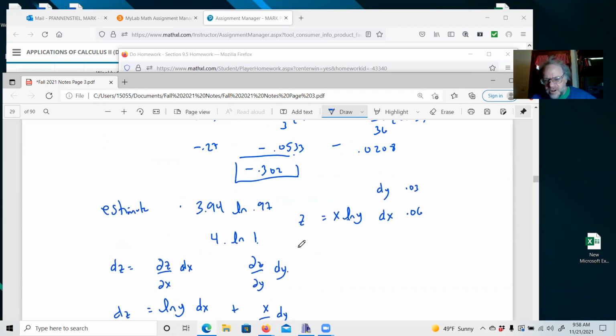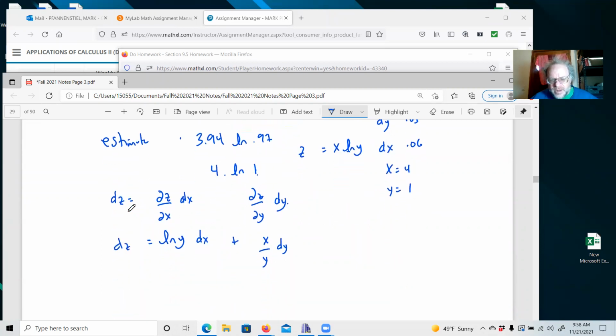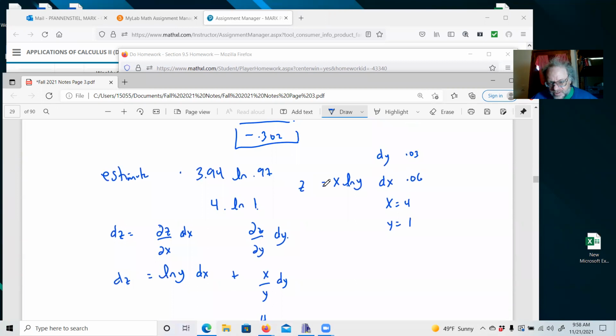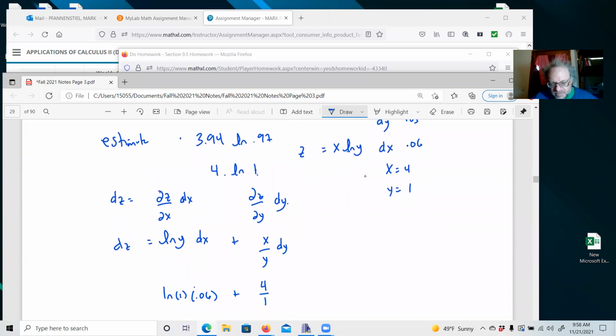And now we're going to plug in our values. We have x equal to 4, y equal to 1. So we have ln of 1 times dx, 0.06, plus 4 over 1 times my dy, which is 0.03.